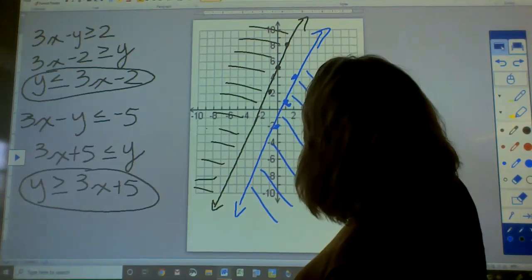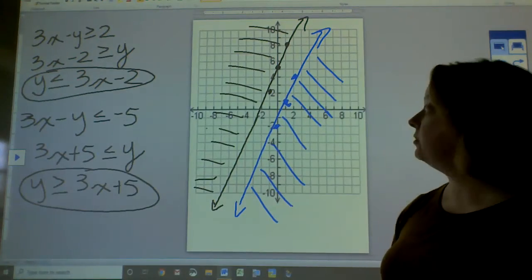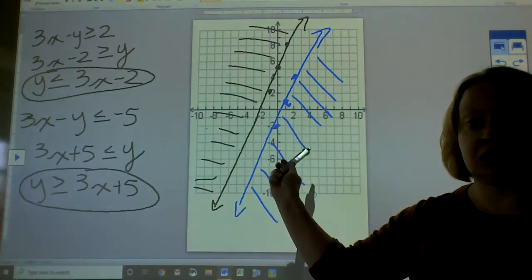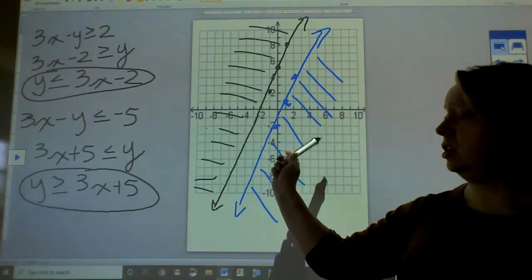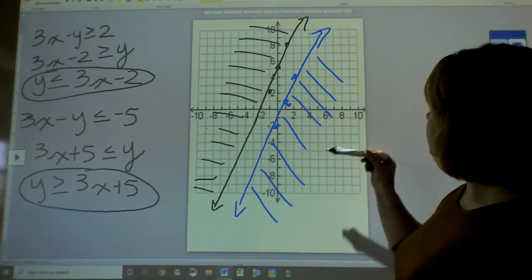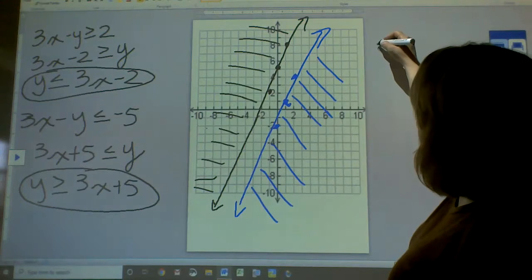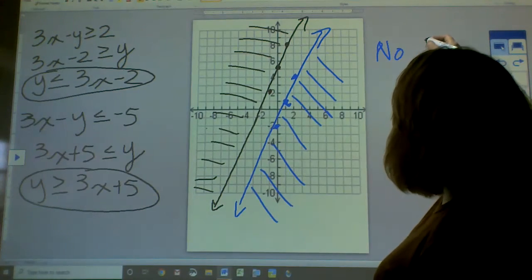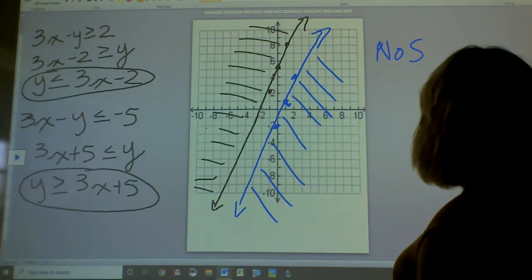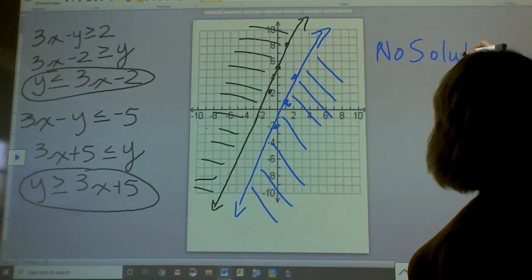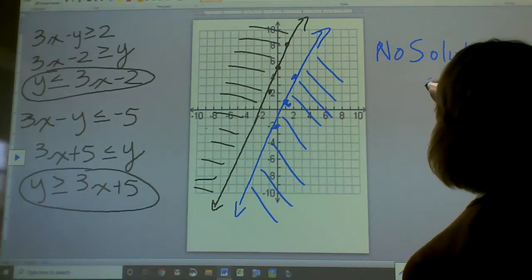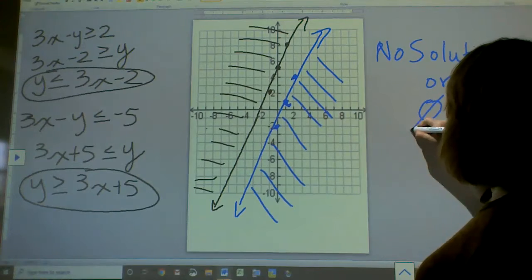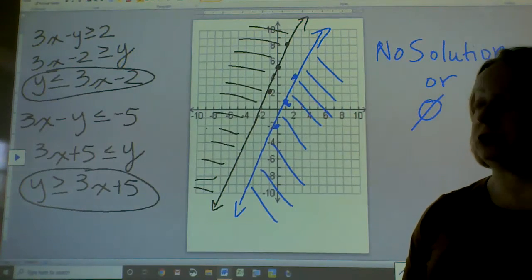Well, in order for this to work, we have to have the two shaded regions intersecting. But here they're not intersecting, so when you write your answer, you can write no solution. Or you could write down the null sign as well, meaning no solution.